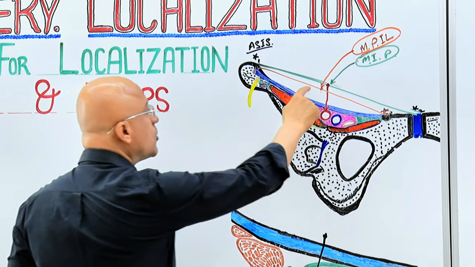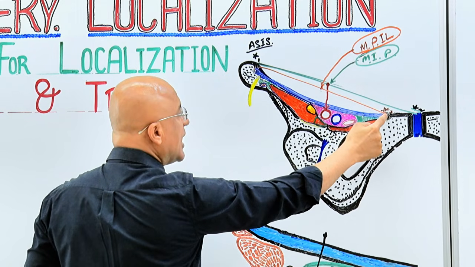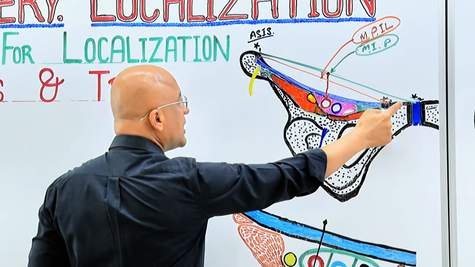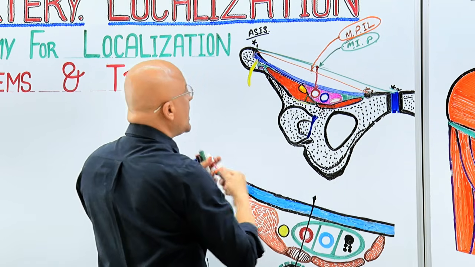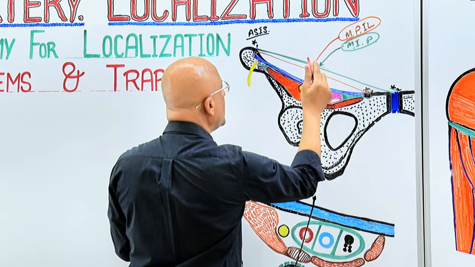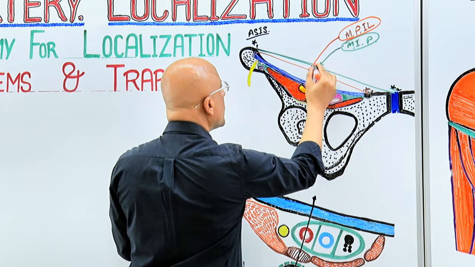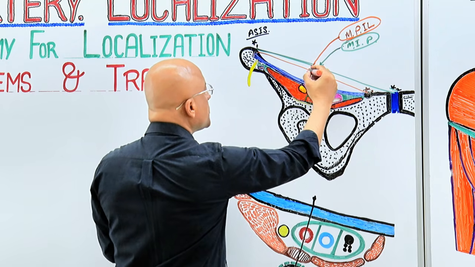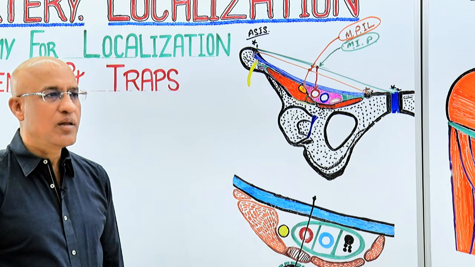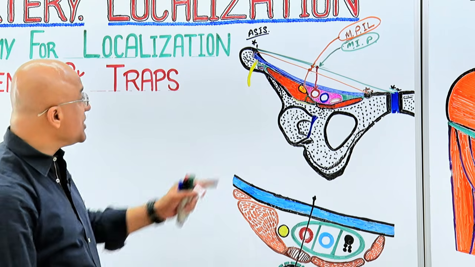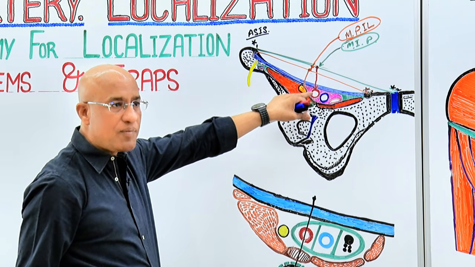But when we talk about the midpoint of the inguinal ligament, as the medial anchor moves a little lateral, naturally the midpoint also moves a little lateral, and if you come vertically, it is coming to what? Femoral nerve. It means it is not going to the femoral artery.